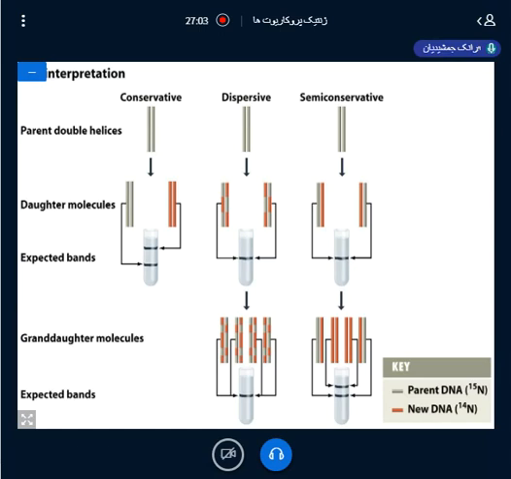Okay, listen to me here, please. If it was conservative, what does it mean? It means from one old DNA, we have one new DNA. So, how many bands should we see? We should see two: one old DNA band, meaning 15, and one new DNA band, meaning 14. Did we see two bands in the first extraction?